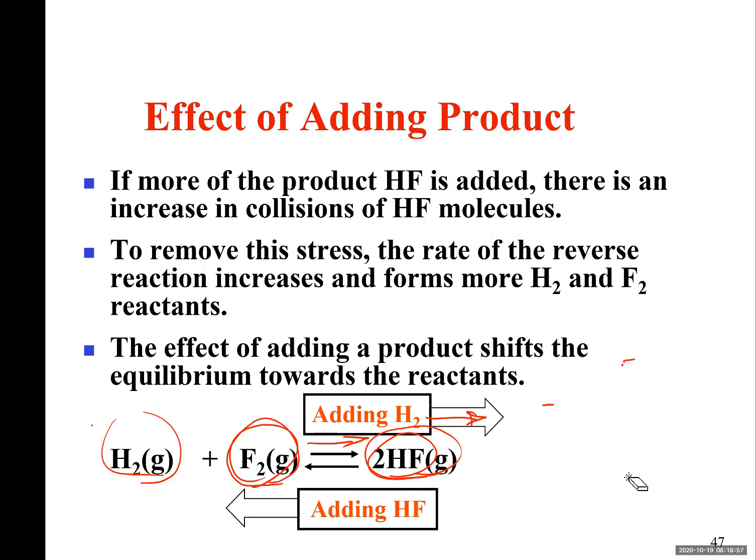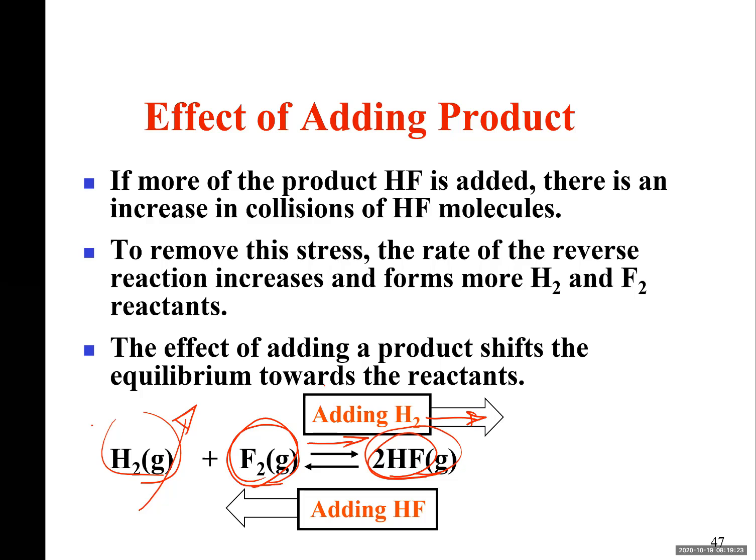Yes, go ahead. How is this increasing efficiency if you're still just adding more H2 to the reactant side? Our purpose is to make more HF. Equilibrium has a psychology, reverse psychology. If I increase hydrogen concentration, equilibrium is going to shift.